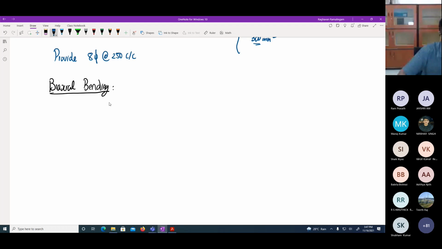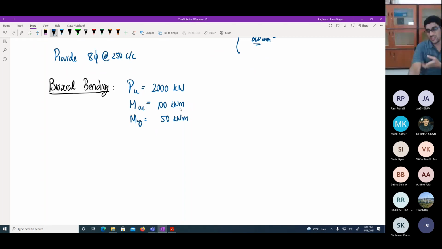Okay, so if similar details are given to you for these problems also, you'll have an ultimate load to be designed for. Let me assume that it is about 2000 kilonewtons. Let me say Mux, one of the moments, is let's say 100 kilonewton meter, and the other direction moment is, let me make it smaller, maybe about 50.